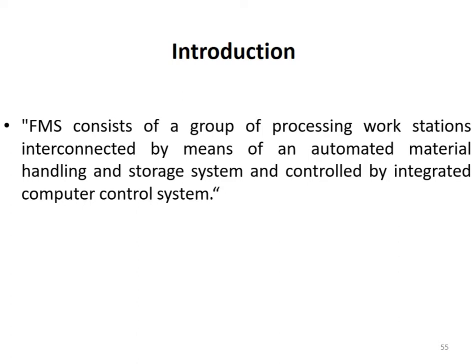All these procedures will be controlled by the integrated computer control system, which means all these systems are centrally controlled by a computer. Normally this is very useful in mass production or any typical industrial equipment.